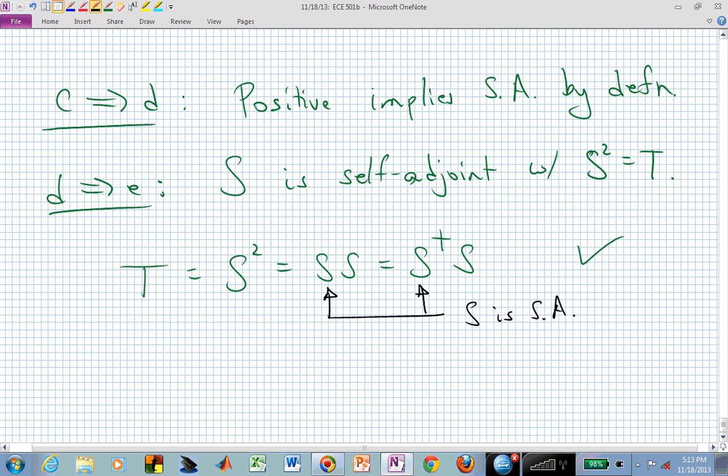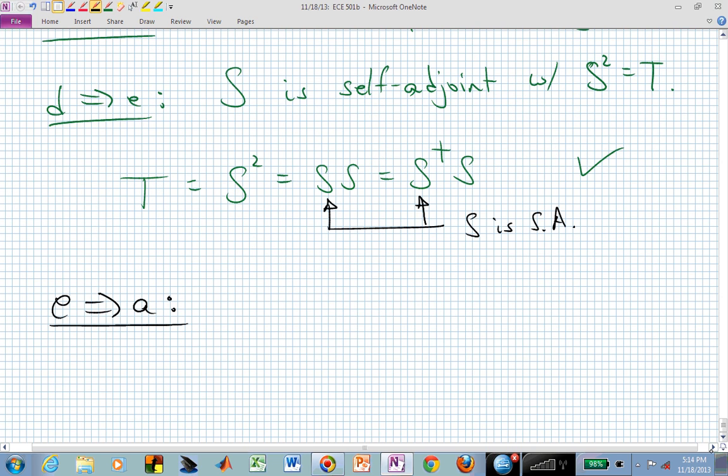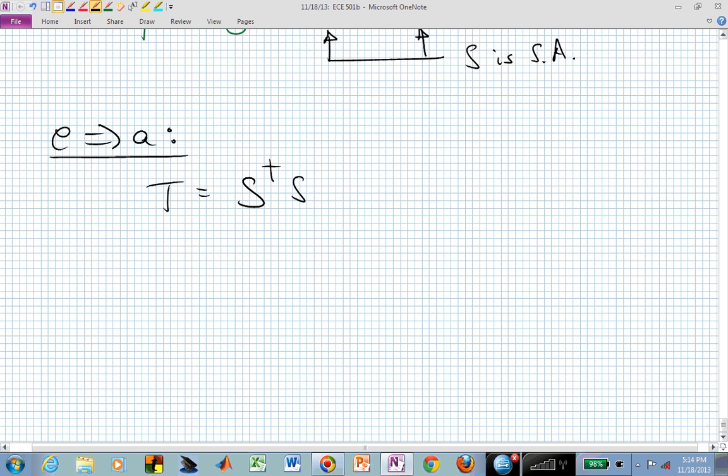One more. We need to catch our tail, which means we need E to imply A. And then we will have proved 727. So now E was that T can be written as S adjoint S. So T is now equal to S adjoint S. But we can now use that to write the adjoint of T, which says that that's just S adjoint S adjoint.